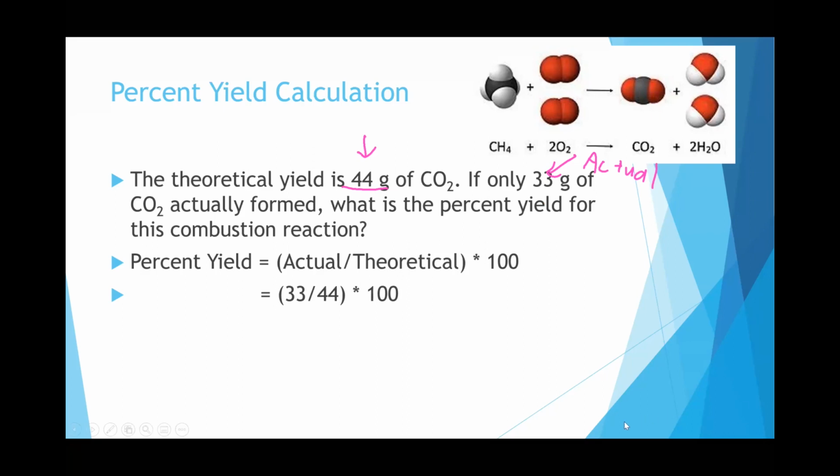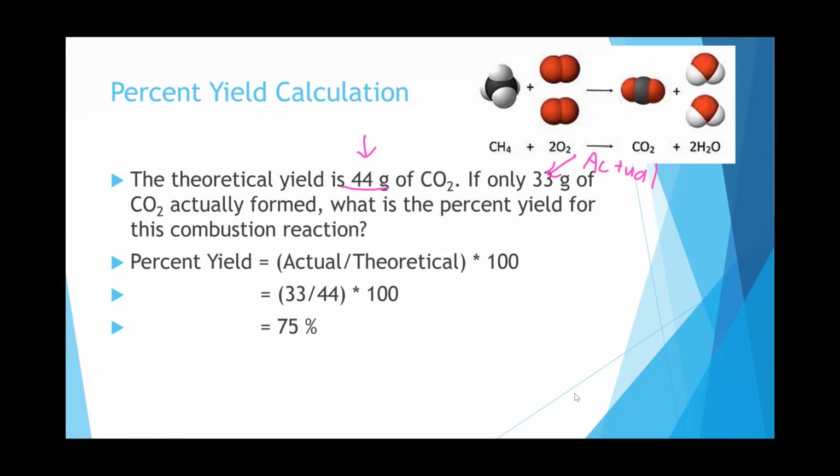So I would be careful and not invert it, because that's a common mistake. Make sure to put the actual on the top and the theoretical on the bottom. And then you do your math and you get 75%.